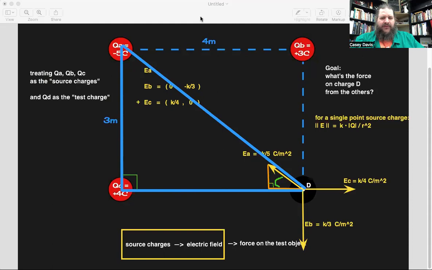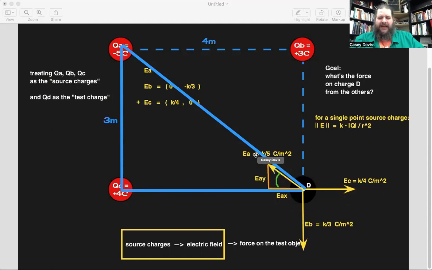We can say, for example, let's call this EAX and EAY. We could set up ratios, for instance, if we wanted to define EAX.